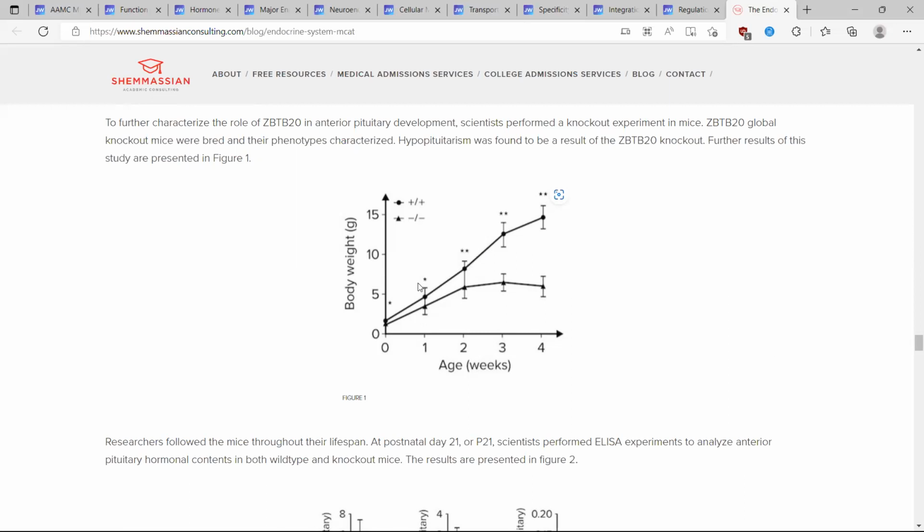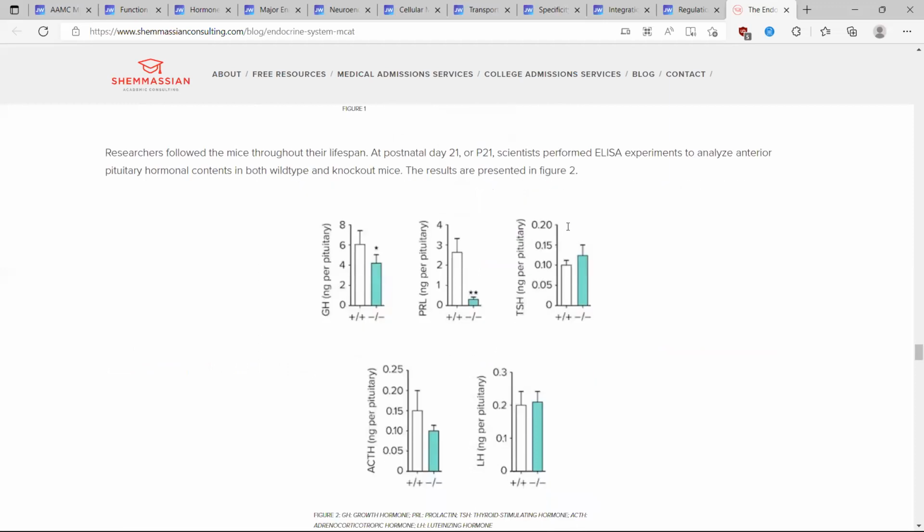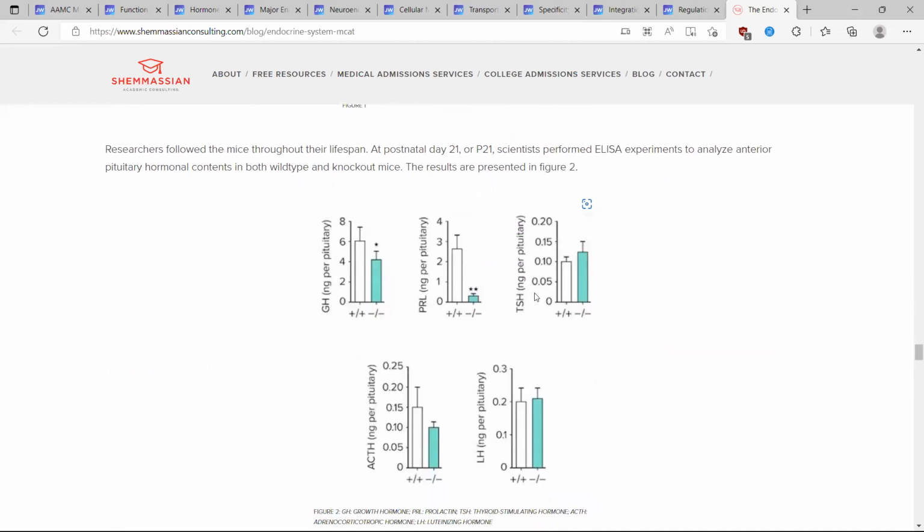Basically, 1 star means that it's significant, 2 stars means it's very significant, 3 stars would mean incredibly significant results, right? Ultimately, this is saying it's very unlikely that these results were the cause of randomness. Most likely it's because of the knockout that we did. Again, we see those stars here for these various graphs, just comparing the levels of those hormones.